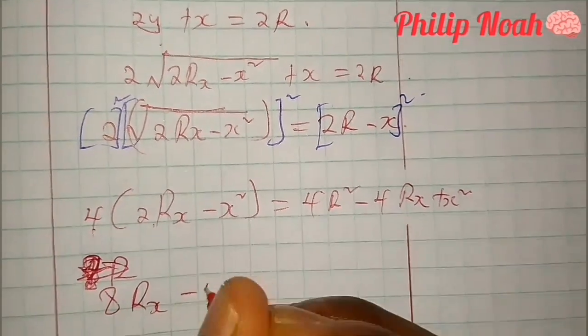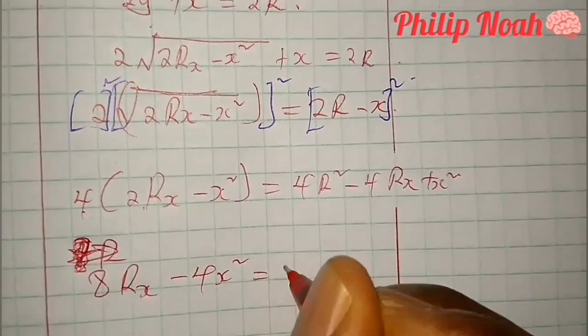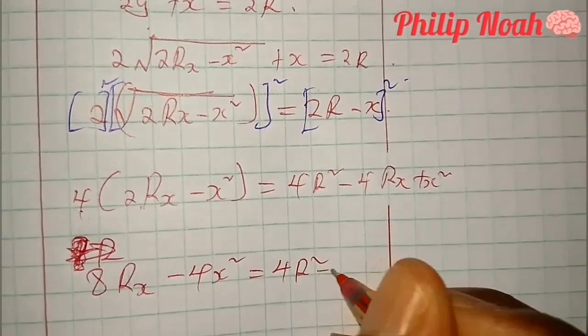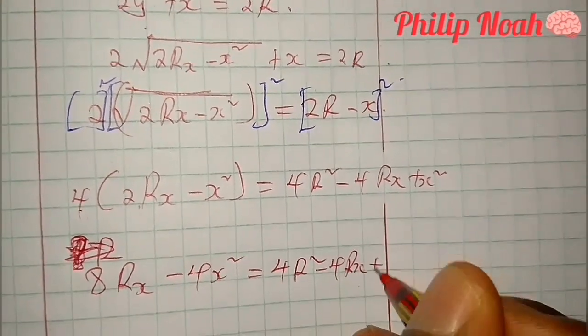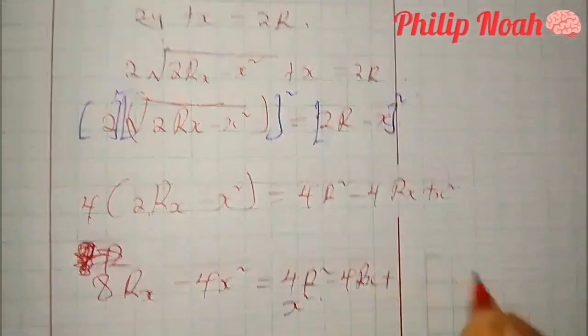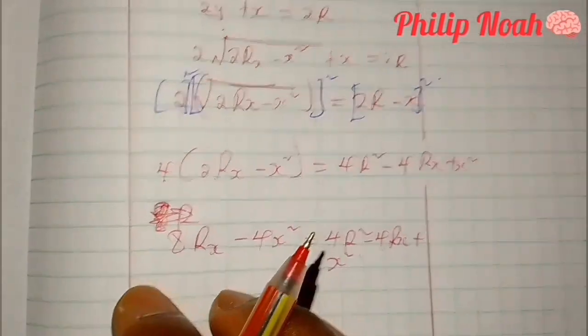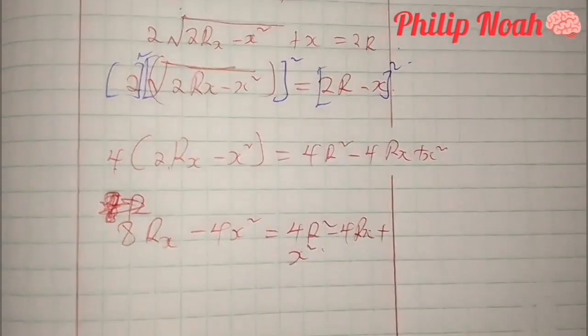8rx minus 4x squared is equal to 4r squared minus 4rx plus x squared. At this point, what do we do?